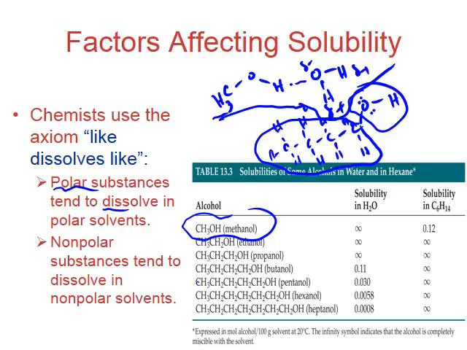So as you can see that as you go to the larger and larger compounds having more and more carbon, their solubility is very small. On the other hand, solubility in nonpolar solvent is quite high. So C6H14, that's 6 carbon compound.